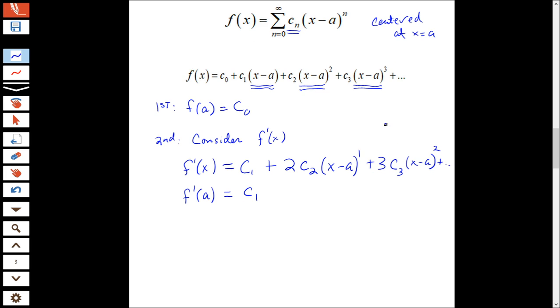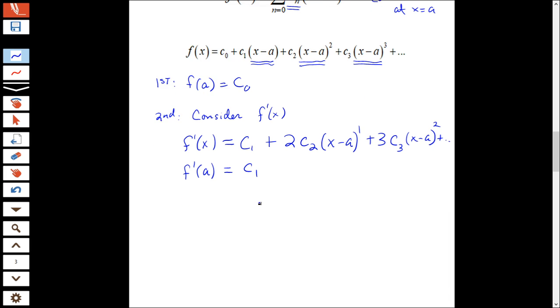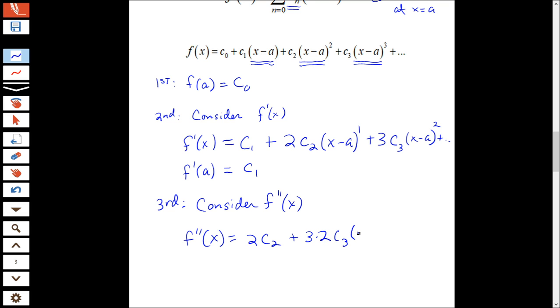All right, so we're defining these things using this derivative. Let's take a look at the second derivative, f double prime of x. Well, if we take the derivative of f prime, we're going to get 2 c sub 2 plus 3 times 2 c sub 3 x minus a to the first plus 4 times 3 x minus a squared, and so on.